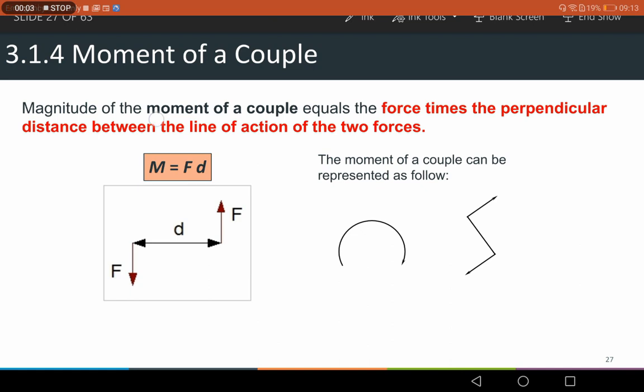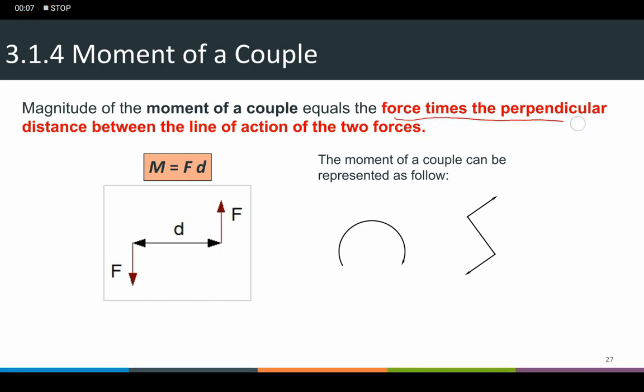Magnitude of the moment of a couple equals the force times the perpendicular distance between the lines of action of the two forces. Same as before, the equation of a moment equals F, force, multiplied by d, perpendicular distance.